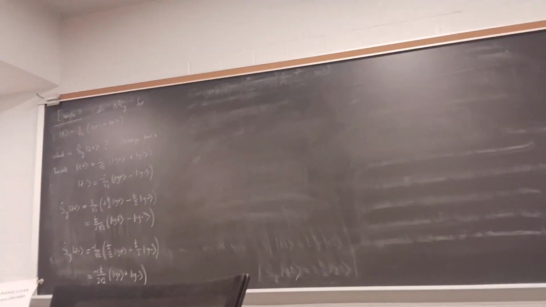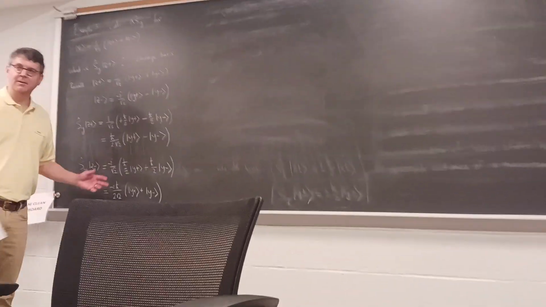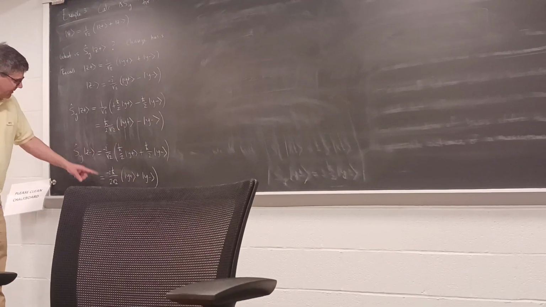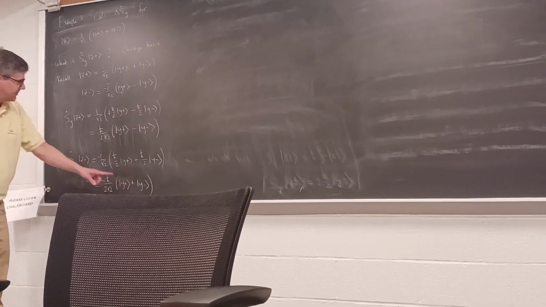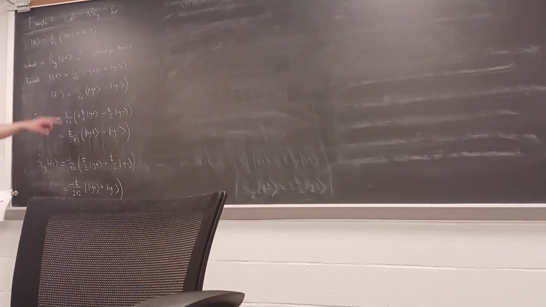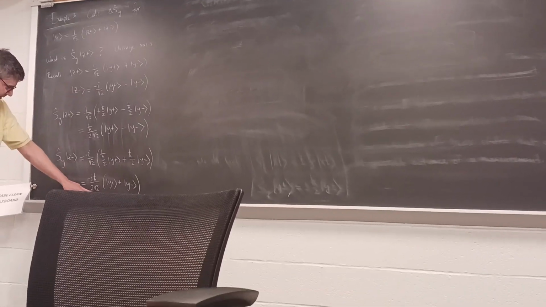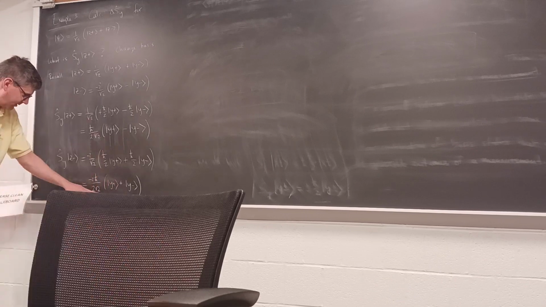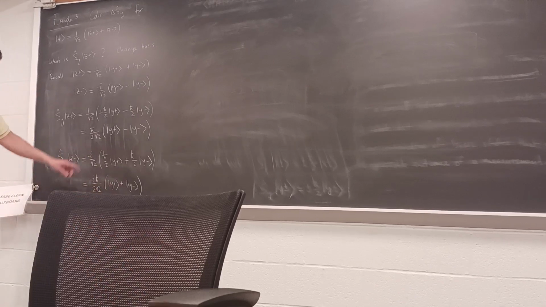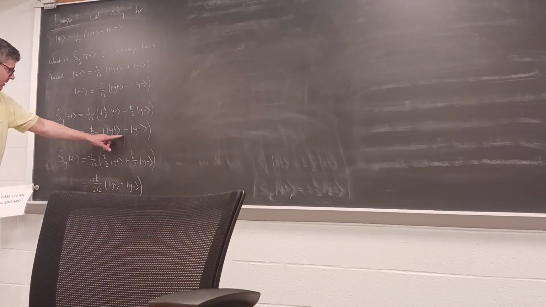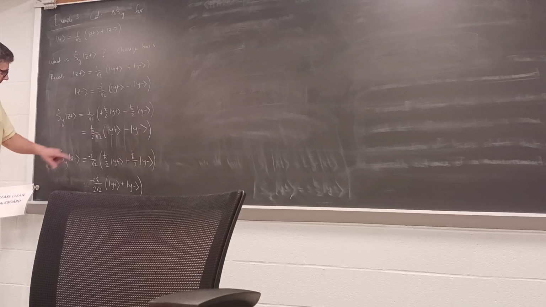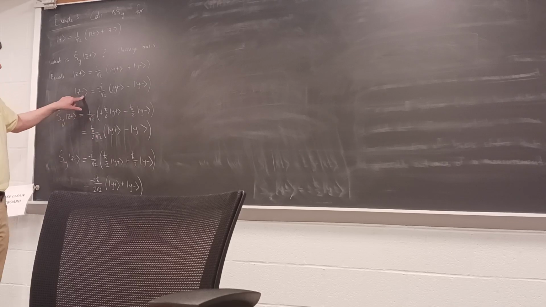Now, if you wanted to be really clever, you'll notice that this thing looks like Z plus, because I've got the plus here, and I can just write Z plus directly from this. And then up here, if I stick an I in the top and the bottom, then I can write Z minus.